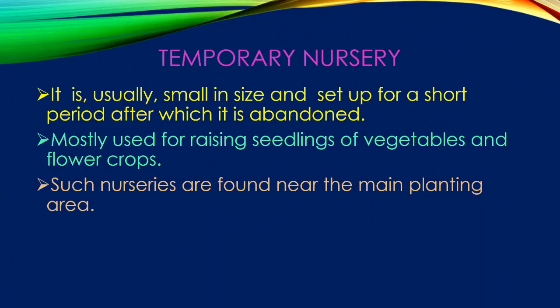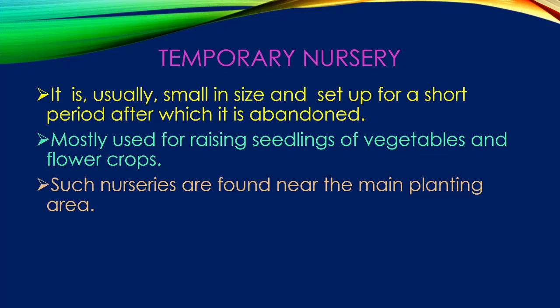Temporary nurseries are usually small in size and they are set up for a short period after which they are abandoned, or sometimes they are also made a part of the main field. So these temporary nurseries are not continually seen. We can see them only for a short duration.